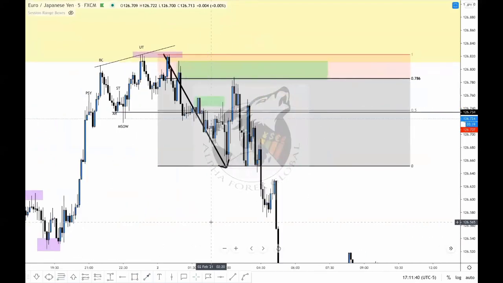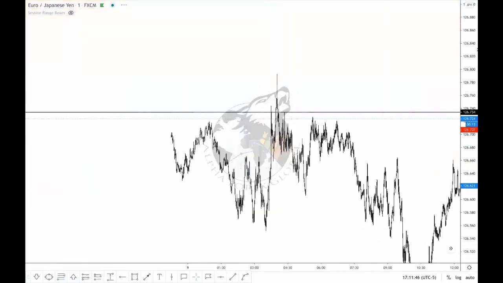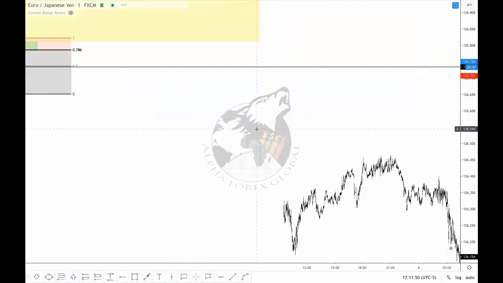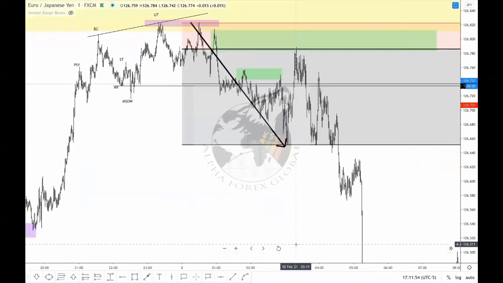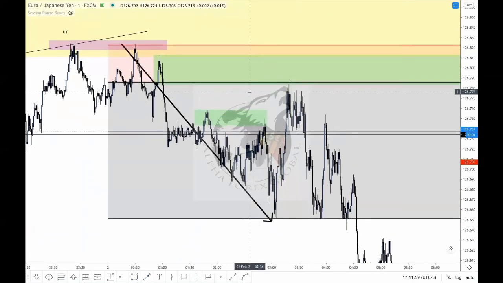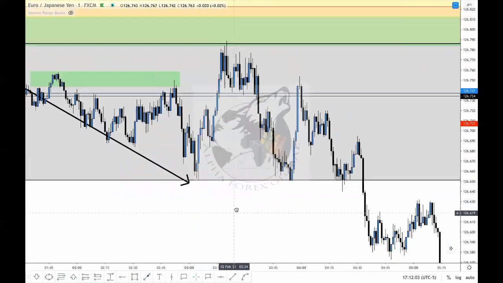If we want to refine this entry some more, we can go on the 1-minute time frame. So if I go on the 1-minute time frame, here, once the market hit this point of interest high, I then look to see what the 1-minute time frame is doing.